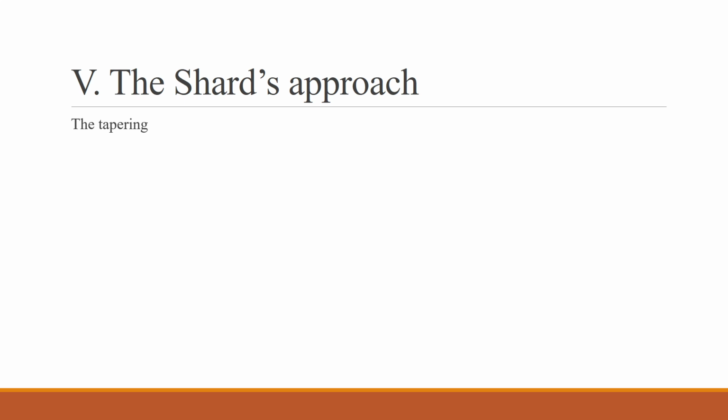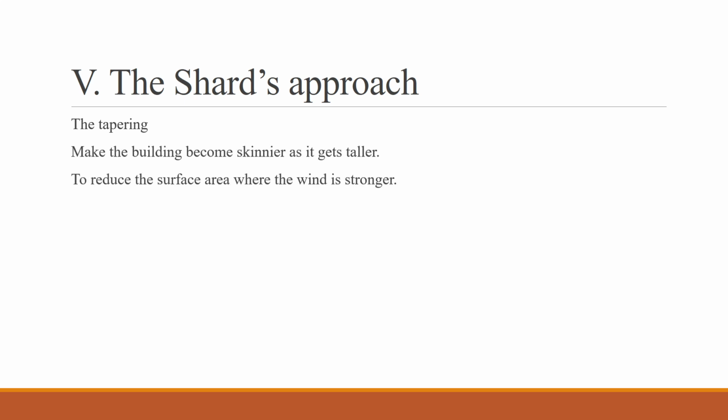We all know that the higher up we build, the stronger the wind force gets. So the designer makes the building skinnier as it gets taller to reduce the surface area where the wind is stronger. Tapering a building as it rises is an effective solution to break up the uniformity that causes vortex shedding. Its tapered shape works hand in hand with the concept of a multifunctional vertical.